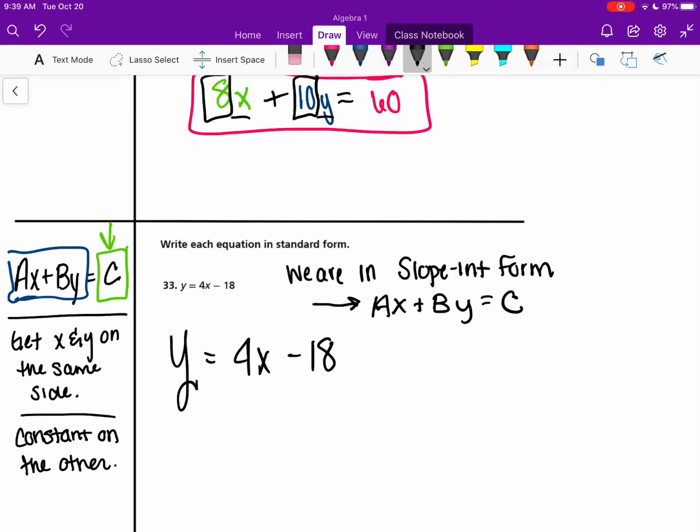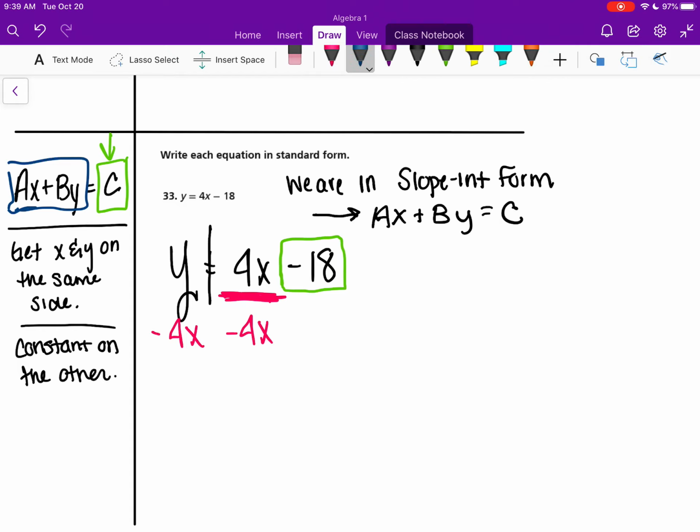So if I'm looking at my equal sign right here, I need to get this minus 18 by itself. So that means if I want the minus 18 alone, I'm going to have to move this 4x. And let's think about what we learned about solving equations. If I want to get that 4x by itself, it's a positive 4x. How can I undo that? I can subtract 4x from both sides.